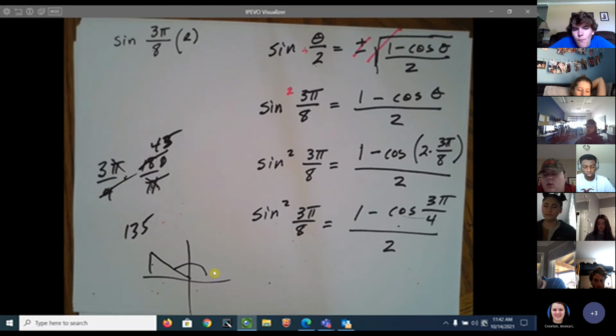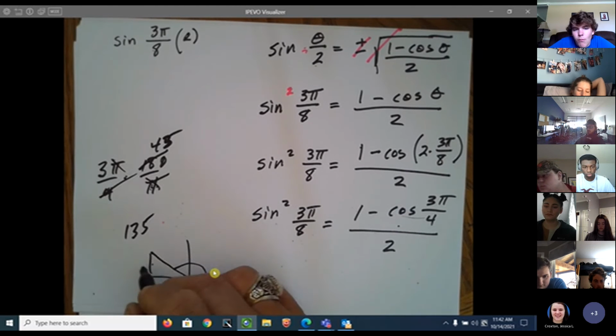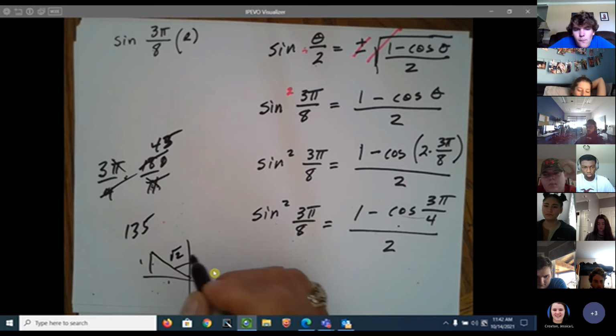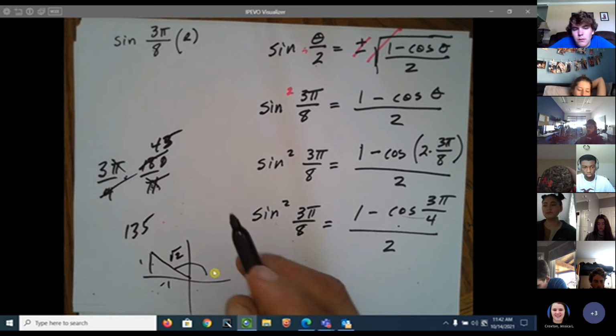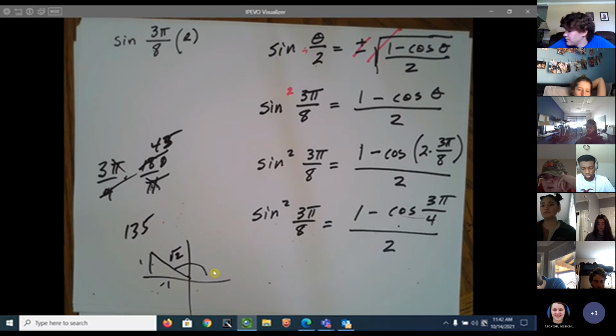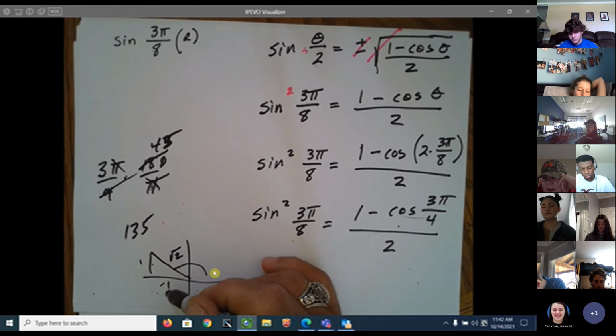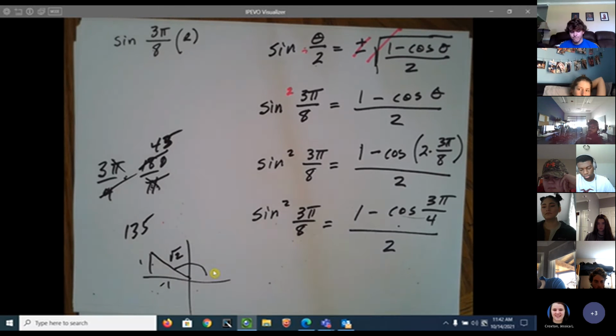The cosine of 3 pi over 4. 45 is 1, square root of 2, and that's going to be a negative 1. And we want the cosine, so the cosine is adjacent over hypotenuse, so that's going to be negative 1 over square root of 2, which is negative square root of 2 over 2.